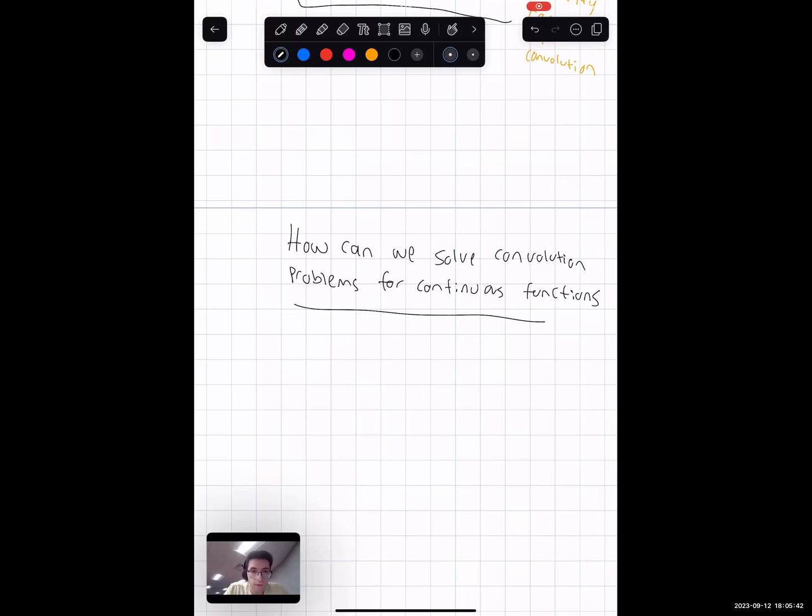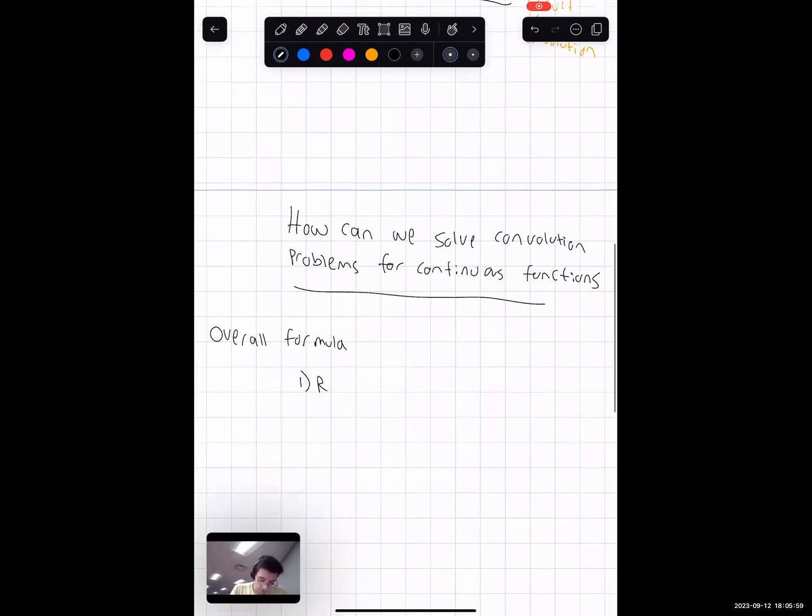Okay, so the first step, well, before we hop in, we're going to want to go off the overall formula, where y of t is equal to x of t convolved with h of t. Here, this could be seen as your result, and this could be seen as your signal and your kernel.